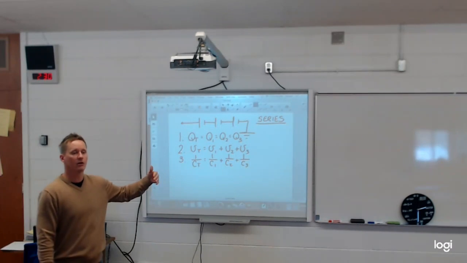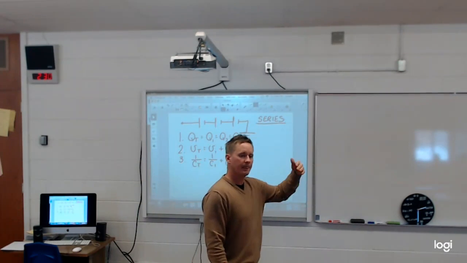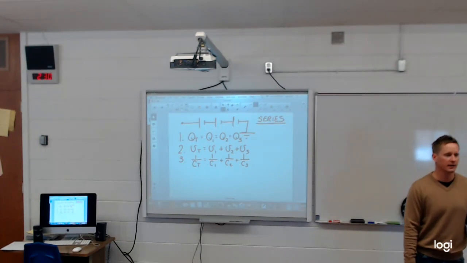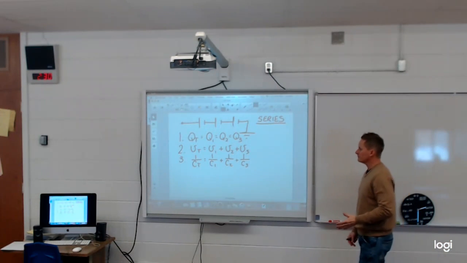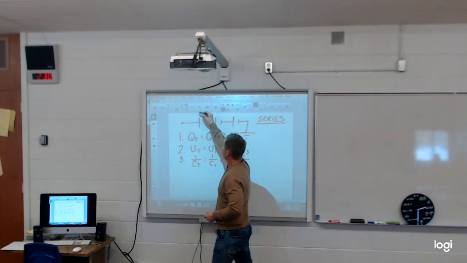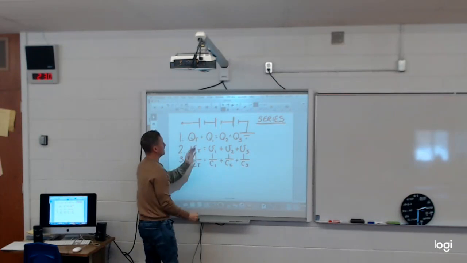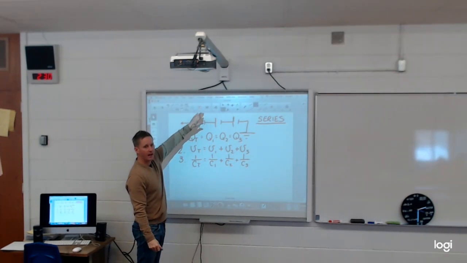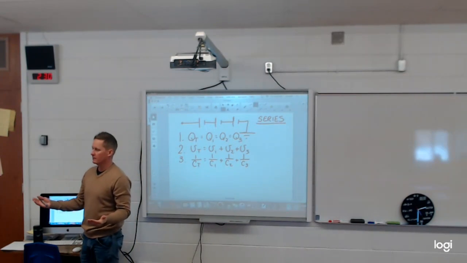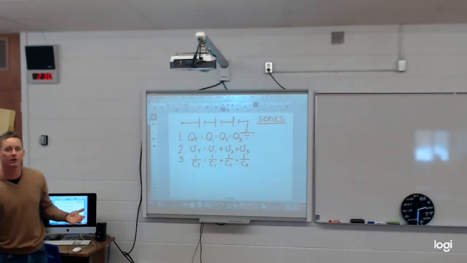Now, the same thing occurs for resistance when we do electric circuits. These are the properties in series. And this is how I would draw it. Each of these represents a battery or a capacitor. That's how I draw them in circuitry diagrams.